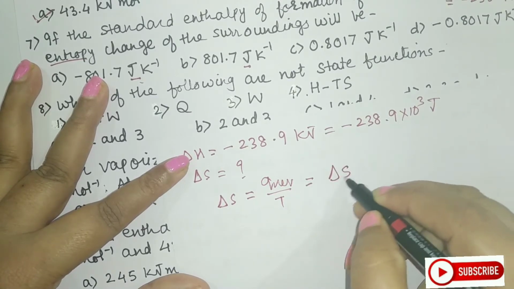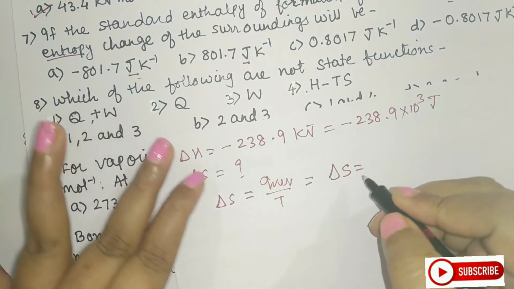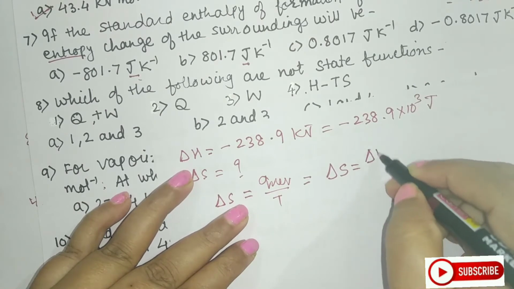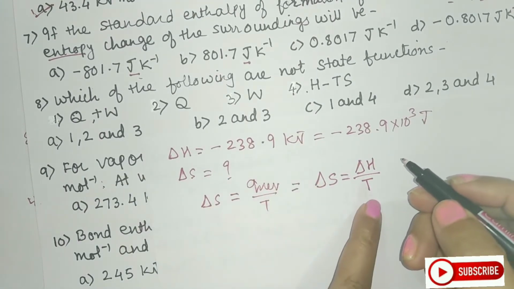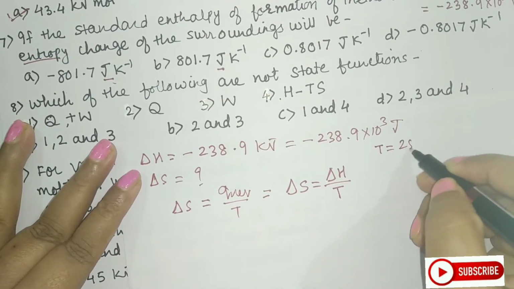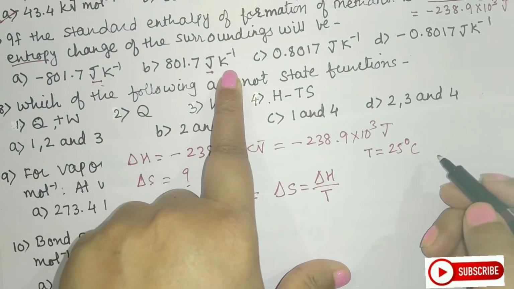So the formula will become delta S is equal to, in place of this, I will have delta H by T. Now delta H is given here, but T is not given, and therefore at standard conditions, the temperature we consider is 25 degrees Celsius. But this should be in Kelvin because the unit is Kelvin.